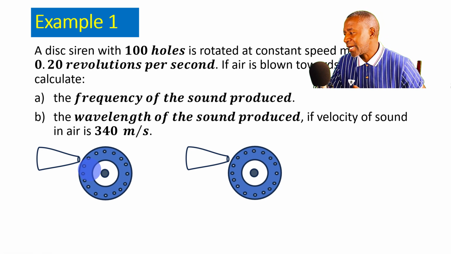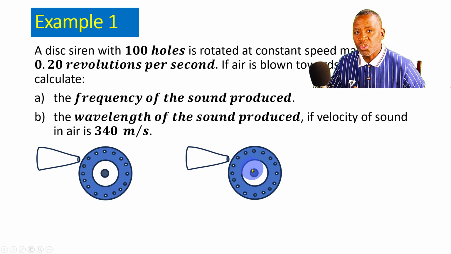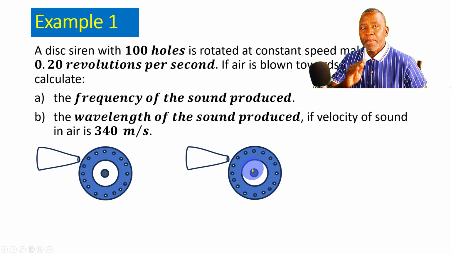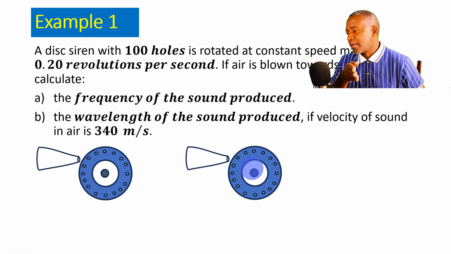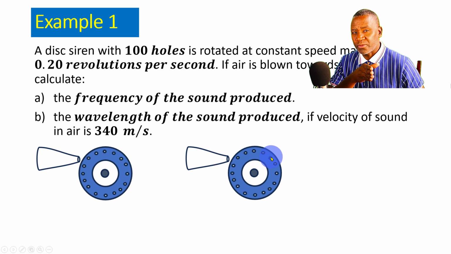So how do we calculate the frequency of the sound which is produced? We've seen that the higher the revolutions per unit time, the higher the frequency of the sound which is produced.